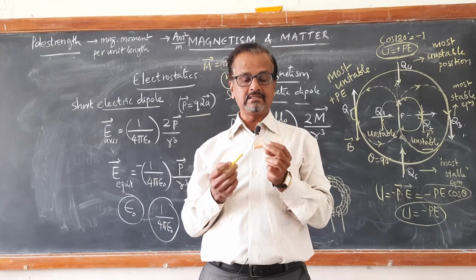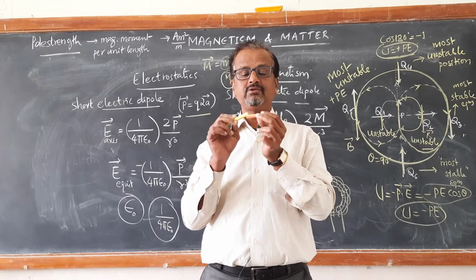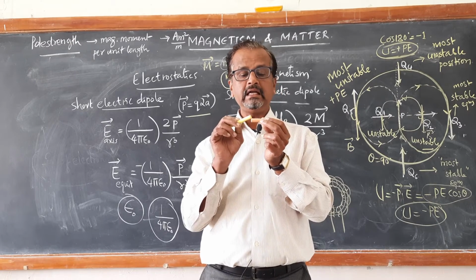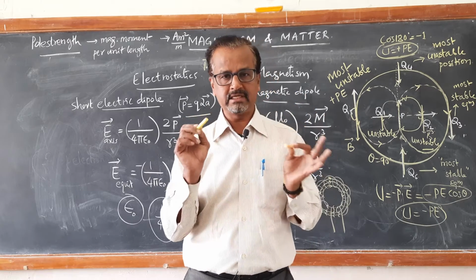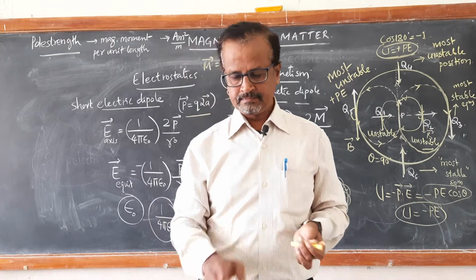The reason is that the magnetic field strength varies from point to point. At the end points, at the poles, the magnetic field strength is maximum. This is how one can test.